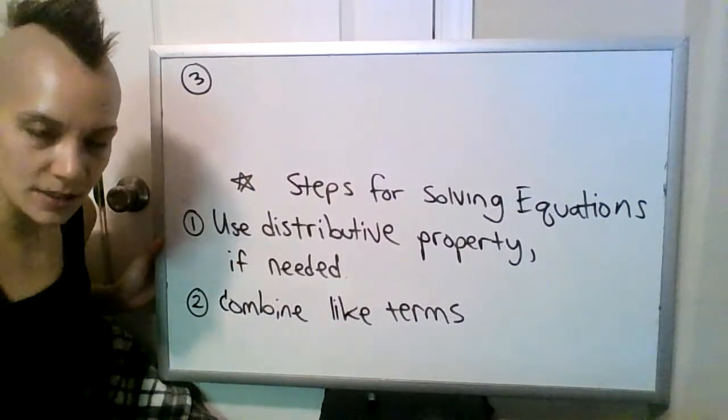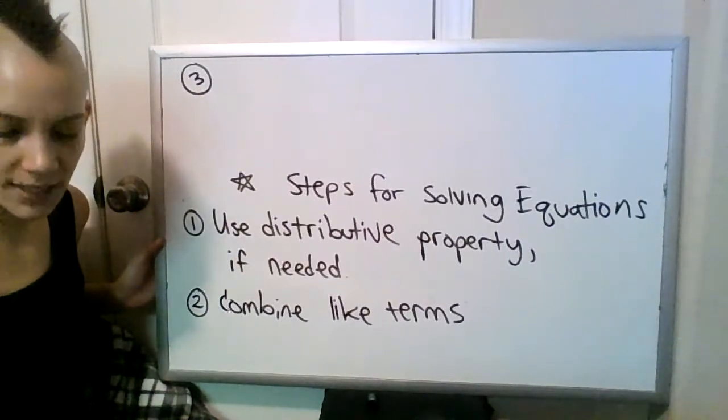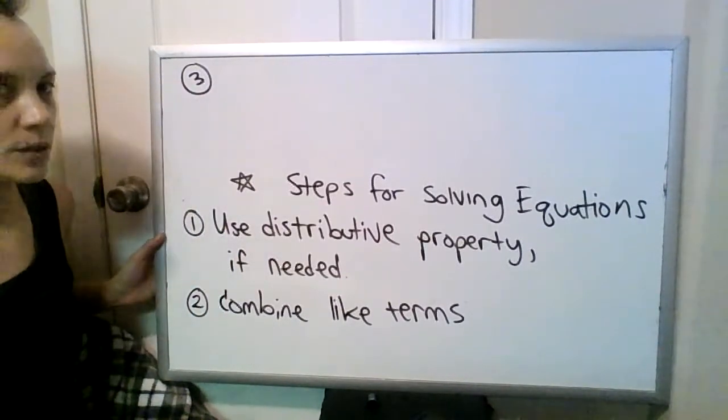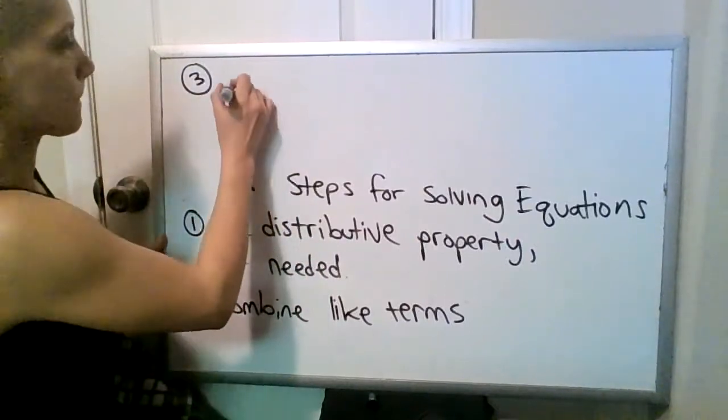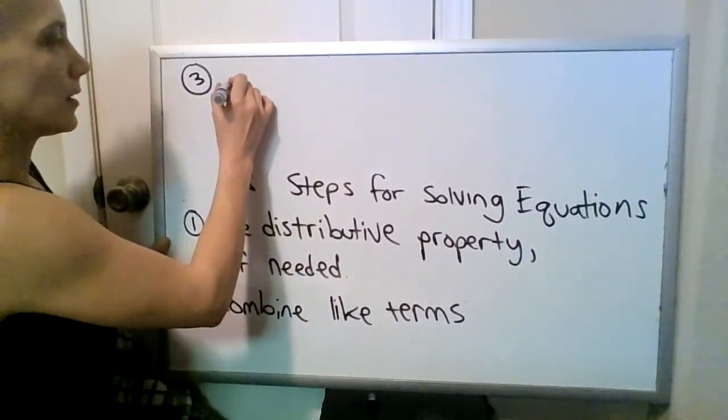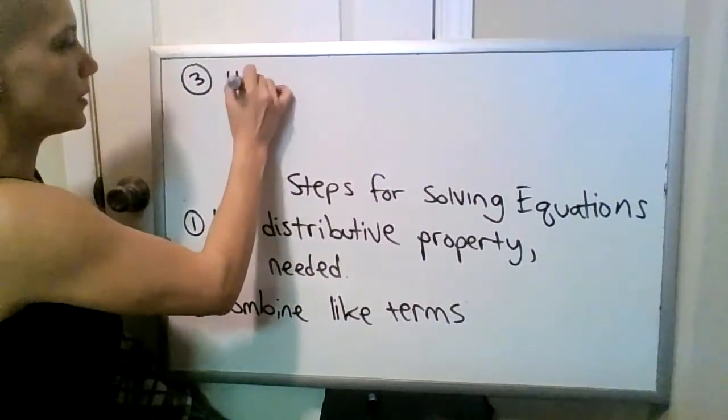Step 3: get the variable that you're solving for to one side of the equation using addition or subtraction.